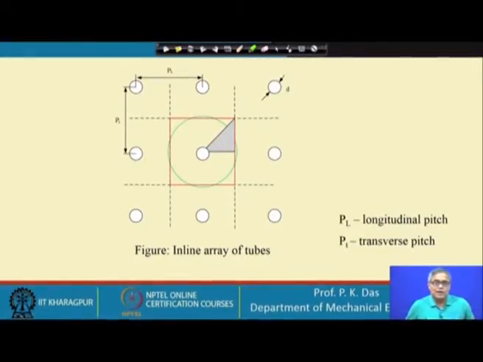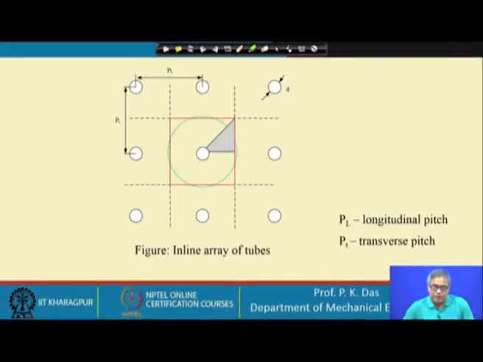Whatever finned tube heat exchanger with integral fin plate I have shown, here I am showing some geometric details. Let us say in this case the tubes are inline arranged. If I draw one line, all the center lines of the tubes in this row fall on this line, and in the second row all the center lines fall on this line. These are called inline arrangement of tubes.